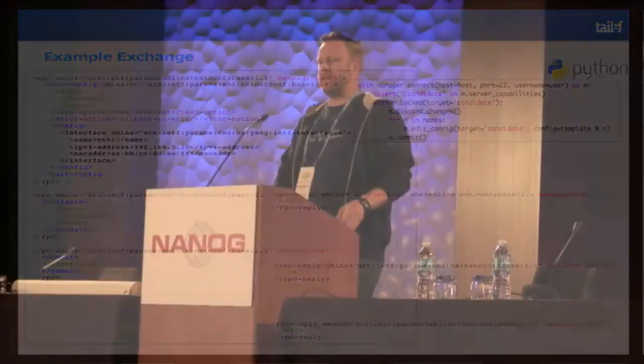So an example exchange, I'll be brief about this. It's a way of showing that you connect first, you get the capabilities, and then you can start sending RPCs. NetConf uses XML encoding on the wire, which is something that most people don't need to care so much about because people should use libraries for these things.